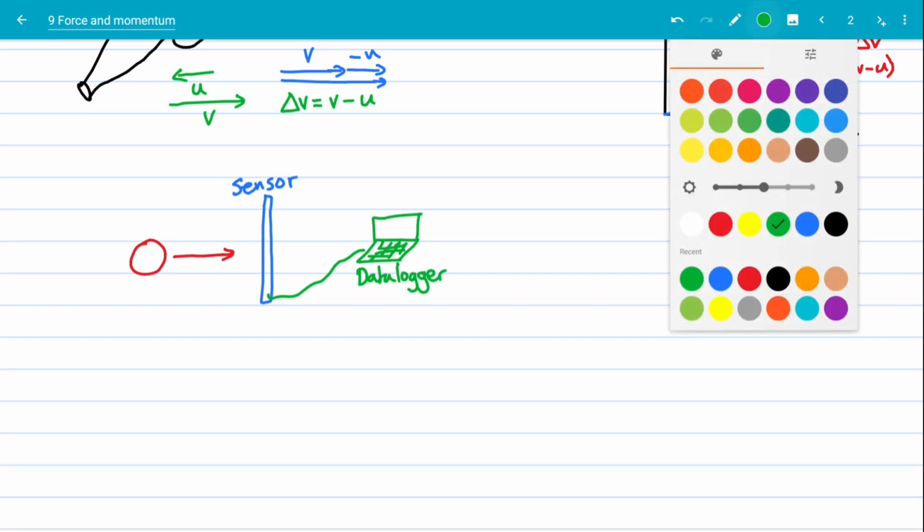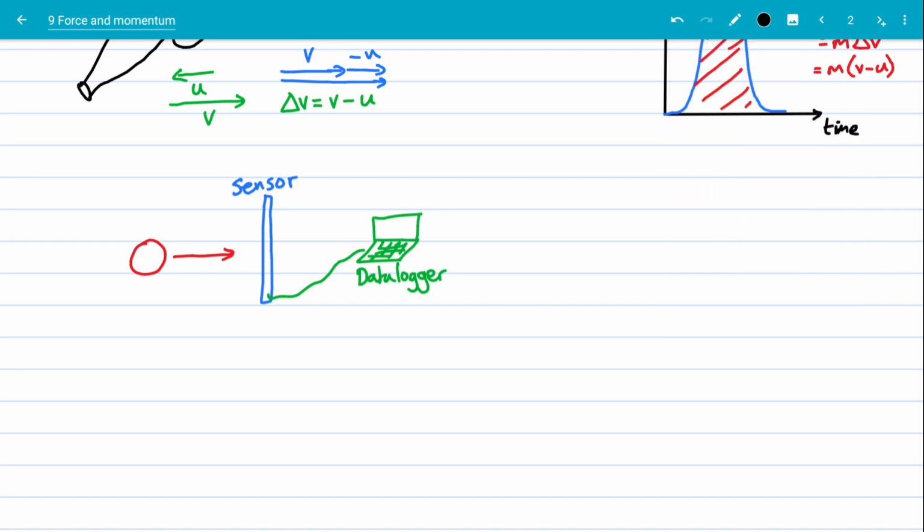Now, in this case, what happens is the sensor is deformed during the collision, and the data logger can measure that deformation and interpret it as a force because of Hooke's law, which we did at GCSE level.